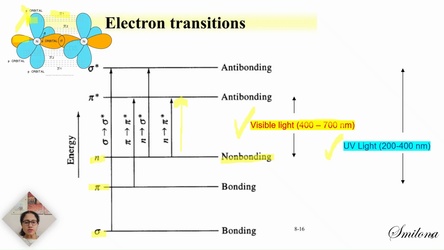So pi to pi star transitions are possible in UV light. Now, what do I mean by this? When the light is capable of making an electron jump to a higher energy level, that light will get absorbed by the electron and the electron will jump to the higher energy level.